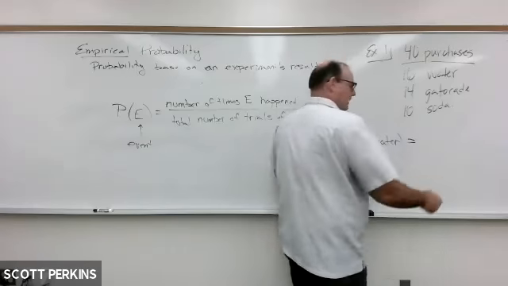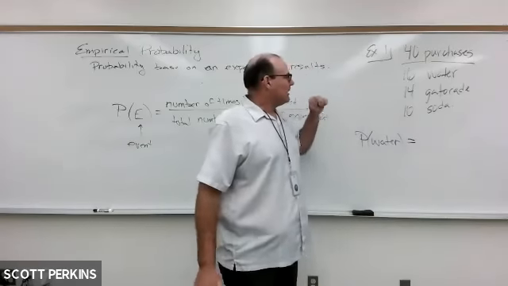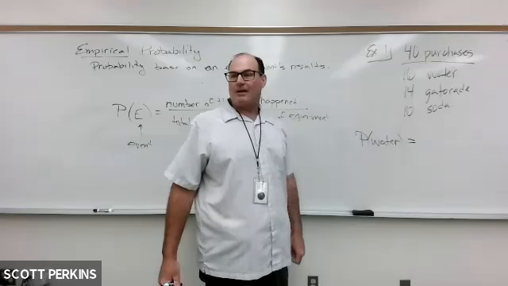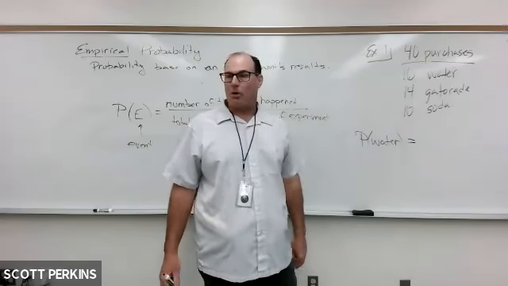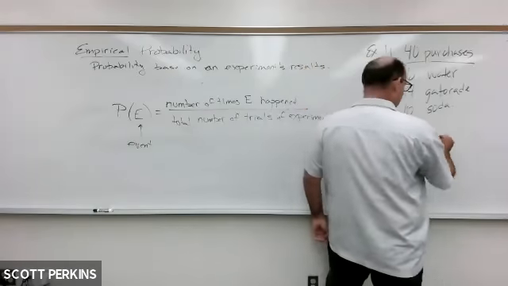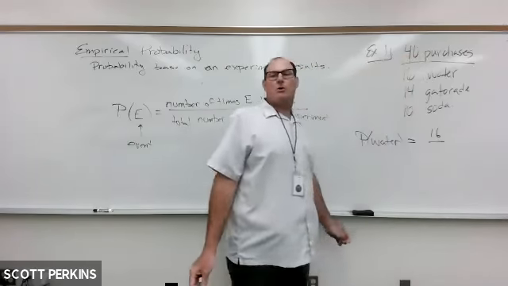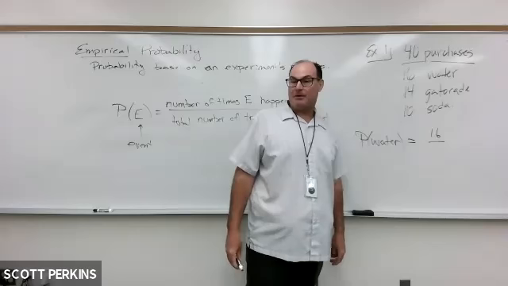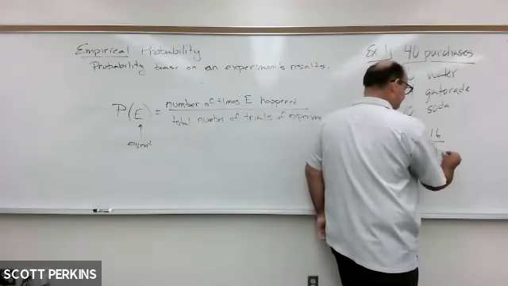Well, here we go. In the numerator, it's the number of times that my event has already occurred. So how many times have people already bought water? 16. How many total times have I observed people purchasing anything? How many times has the experiment happened? 40.